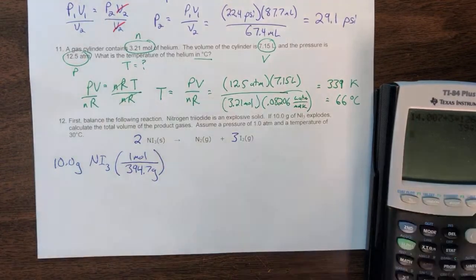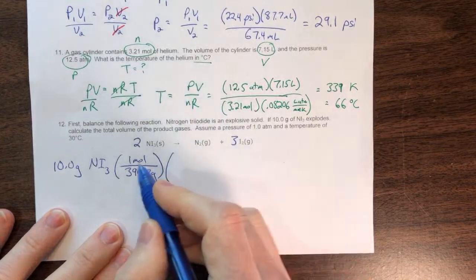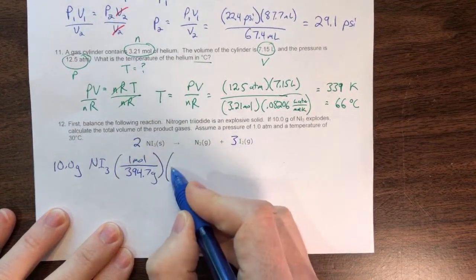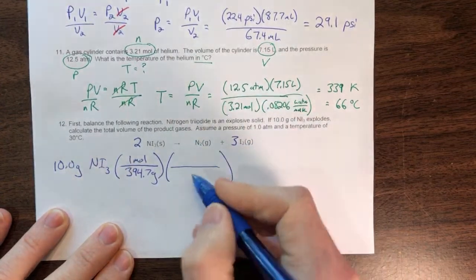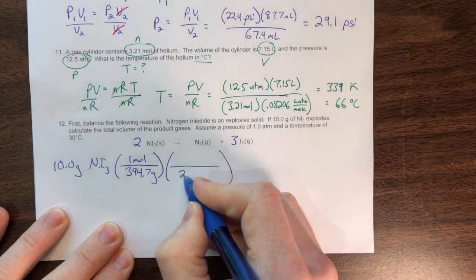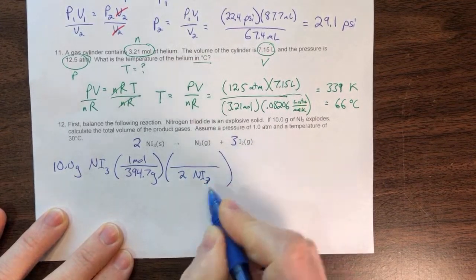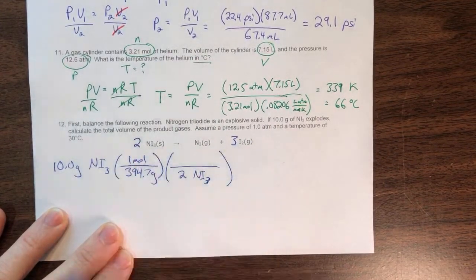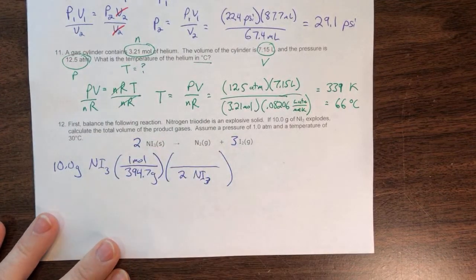So the first thing we're going to do is take that 10 grams and convert it into moles. The next step is to convert from moles of nitrogen triiodide to moles of gas. So this is going to be 2 NI3. Where did this 2 come from? It came from the balanced reaction. Then we're going to have moles of gas up here. Like I said, there's more than one way you could think about this.